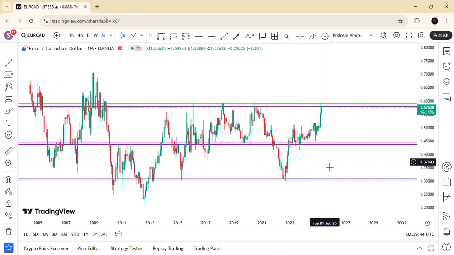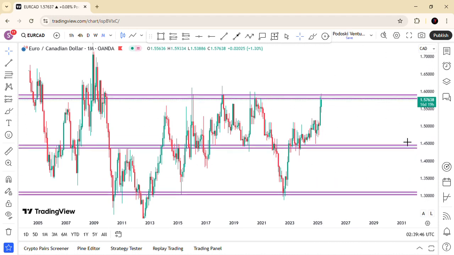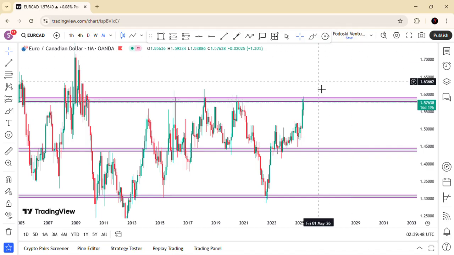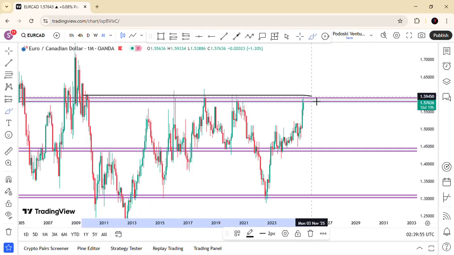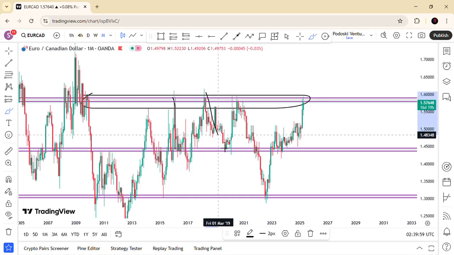But even though we are seeing a bullish market on EUR/CAD, you can see that price has tapped into the monthly resistance zone. If you watch closely, anytime price taps into the monthly resistance, we see selling pressure.